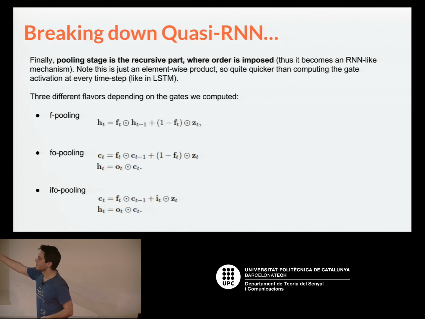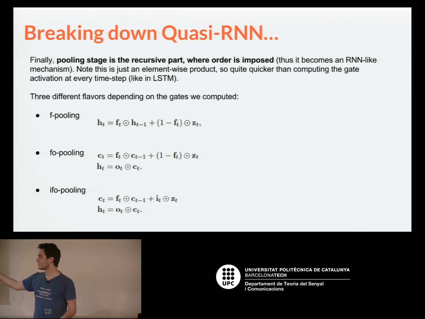We can do just the forget gate of the previous time step, plus the inverse of what's been forgotten, the inverse quantity, letting input in. We can do forget and output pooling, or we can apply the input and forget and output, which is basically what the LSTM did. But you can see the similarity with LSTM equations.